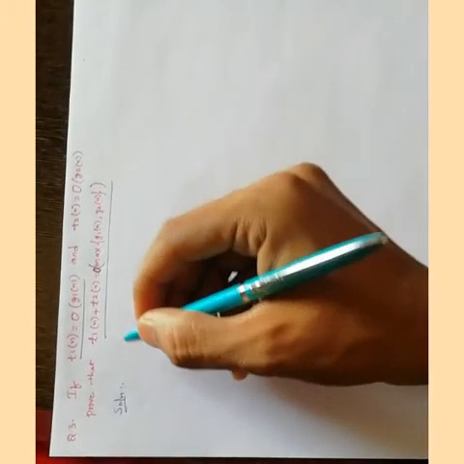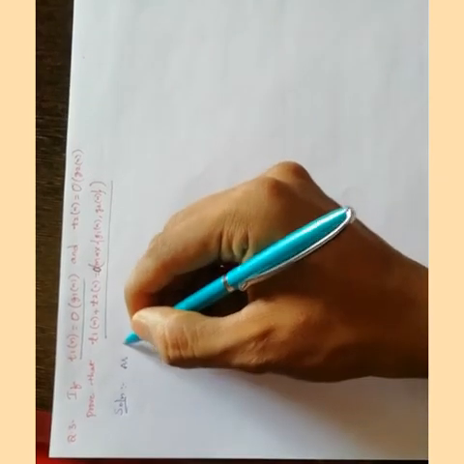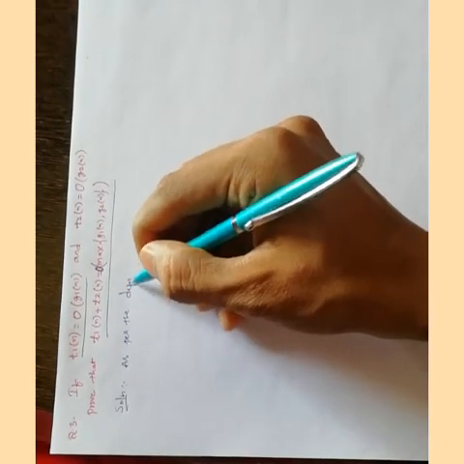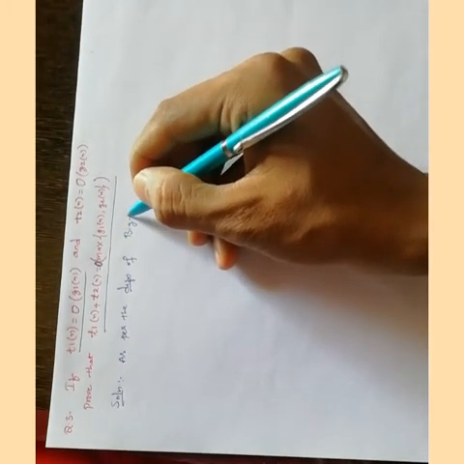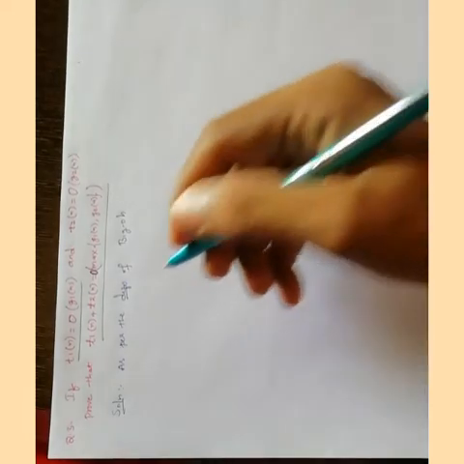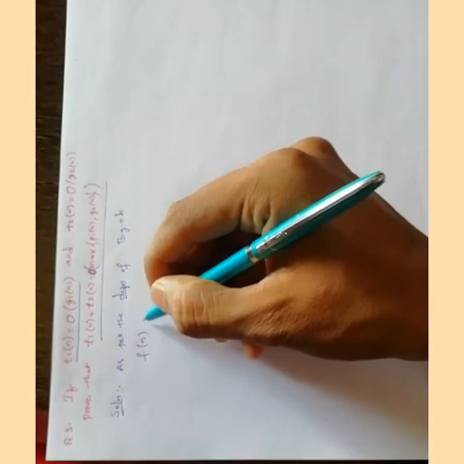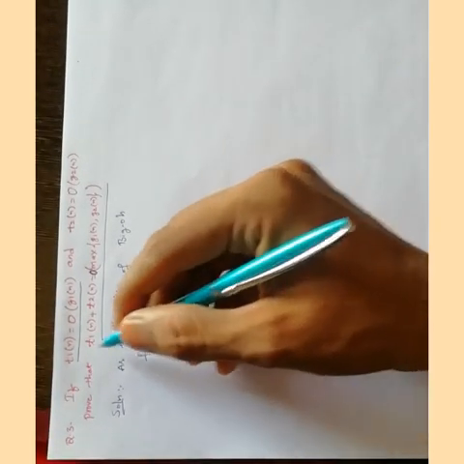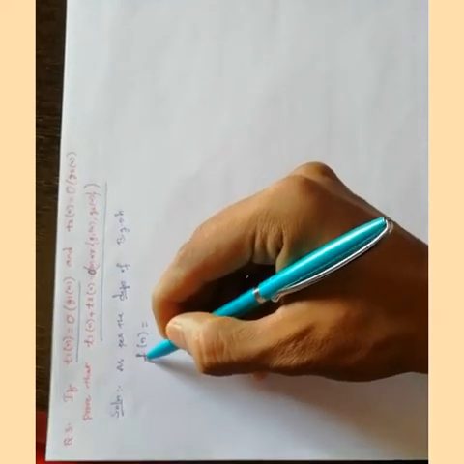What is given? As per the definition of big O, what does big O say? Instead of f of n, they gave t in the question, so you also take t.